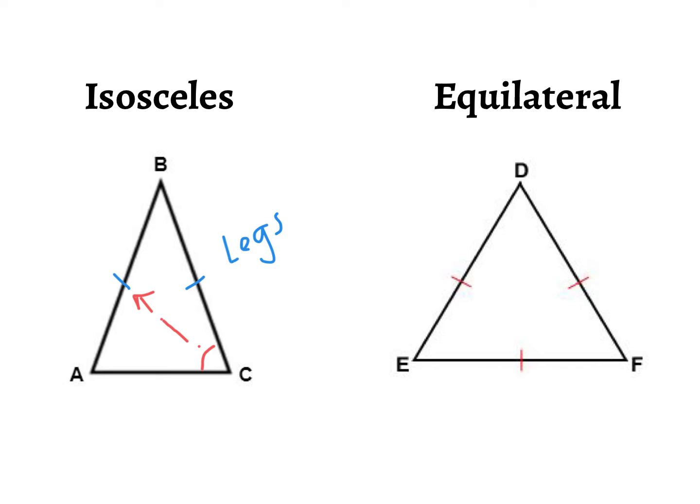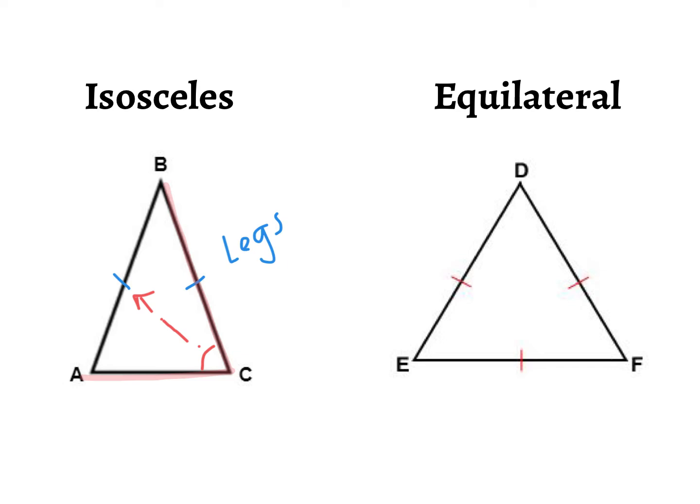If I focus purely on the legs, if I focus on that angle alone, angle C, the bigger the angle, the bigger this segment's going to be. And if I shorten this angle, if I make it smaller, line AB should also shrink.